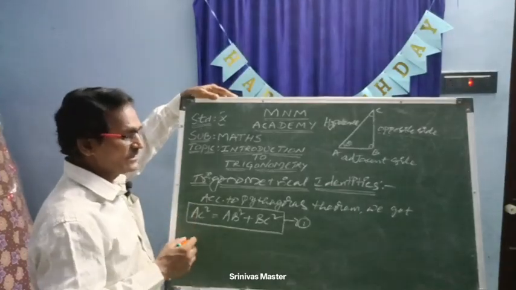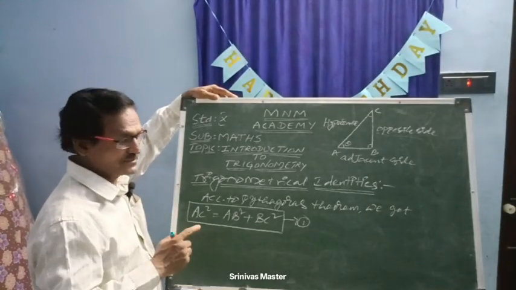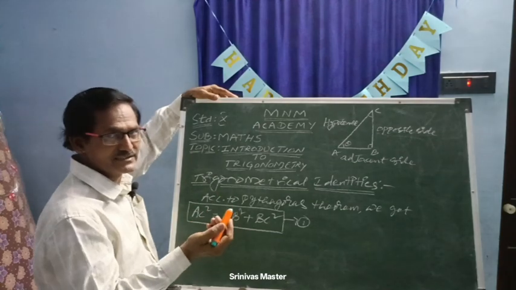Each side you can divide on both sides, then we'll get one equation. Three sides mean three equations, right?